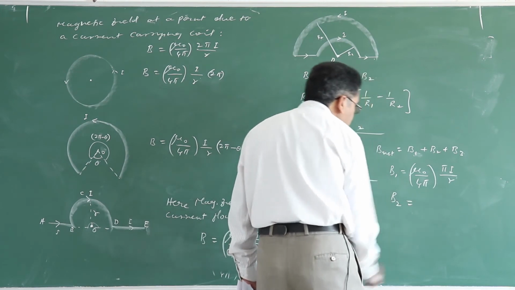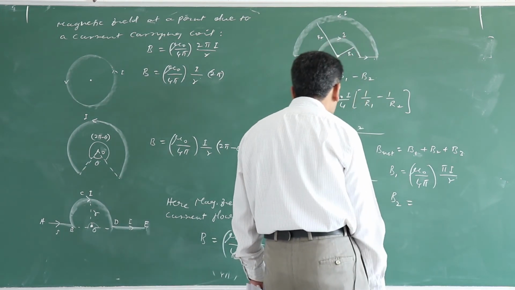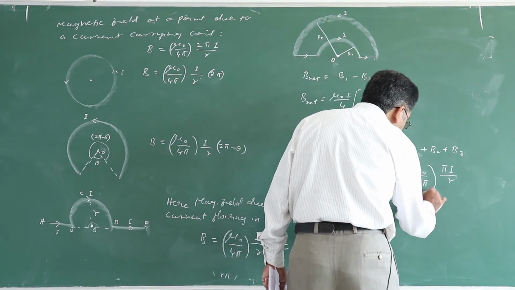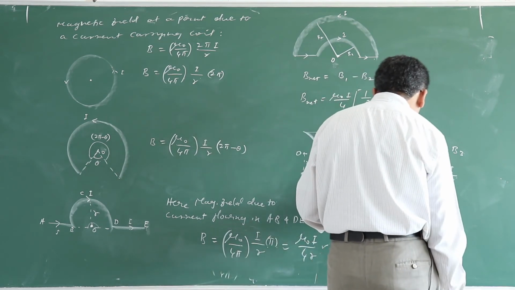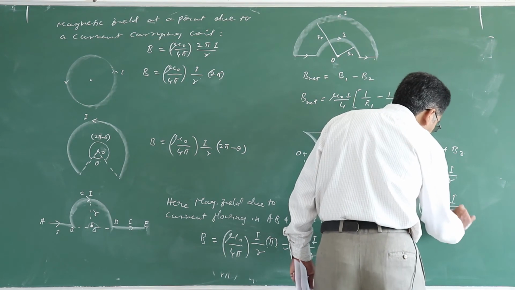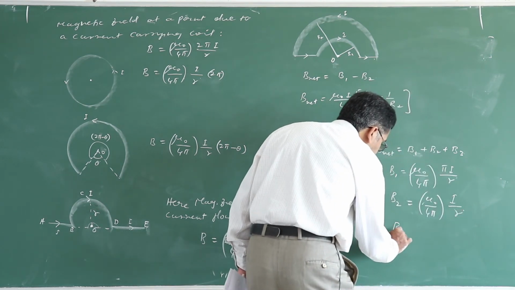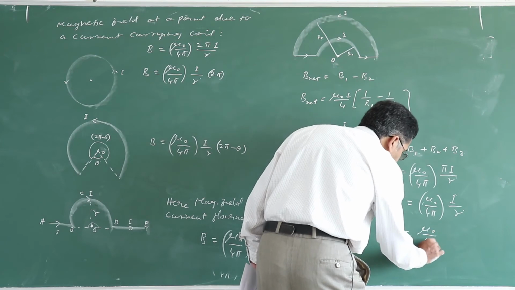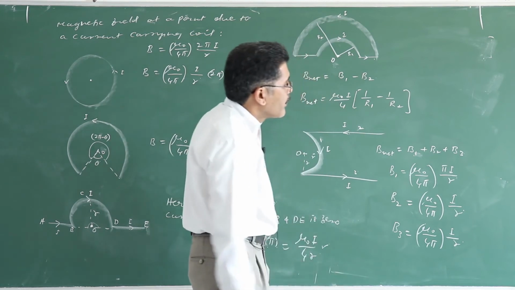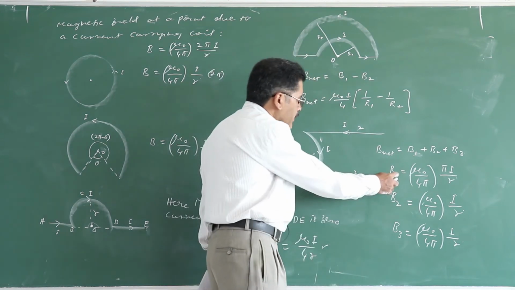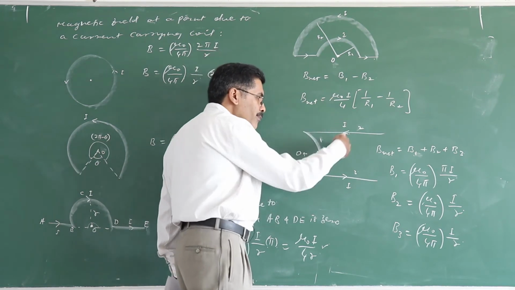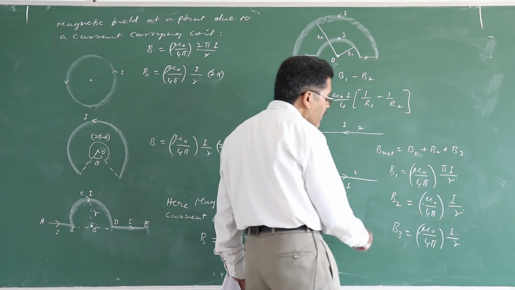B2 is equal to mu naught by 4 pi, only one side is there. See, this is equal to I by R. B3 is also same, mu naught by 4 pi I by R. See here, this one, it is towards you, these two into the board. See, therefore what is the net magnetic field?